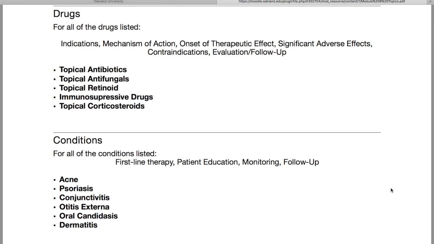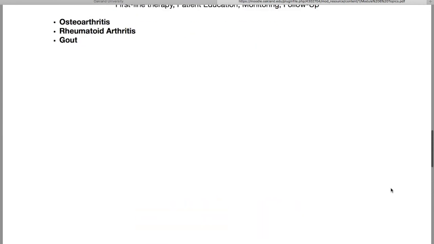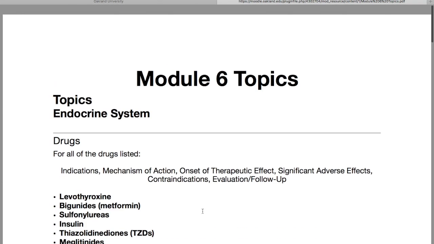I know some of you were asking about otitis externa when we did the anti-infectives, but we're covering it here in the derm section. Oral candidiasis or thrush, as well as different forms of dermatitis, including contact dermatitis and atopic dermatitis. So those are the topics that we are talking about in this module.